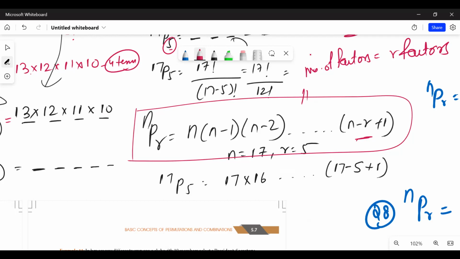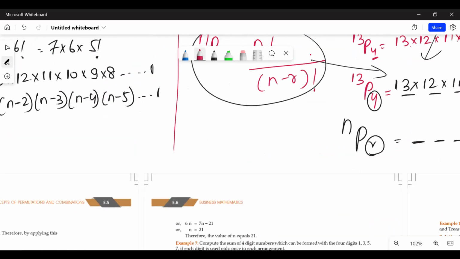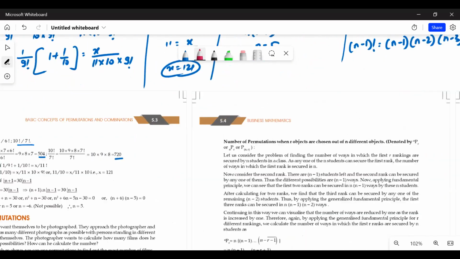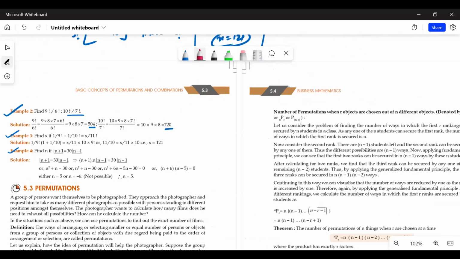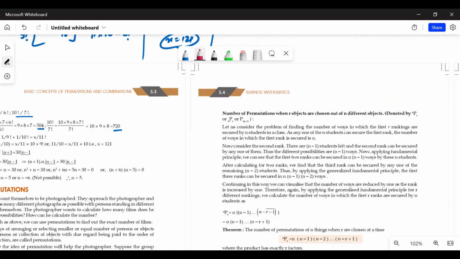Exercise 5A, from question number 1 to 8. Anyone have doubt? Please ask me.